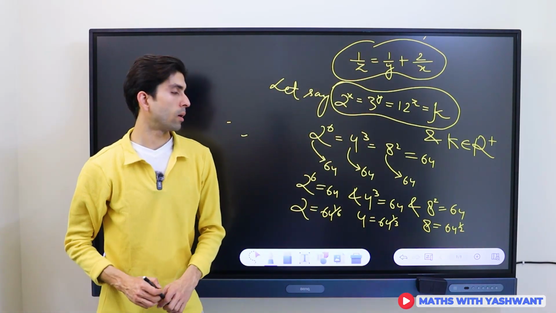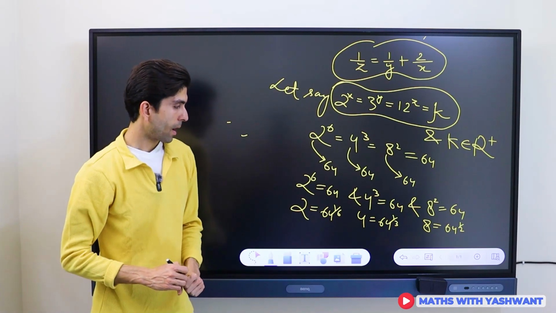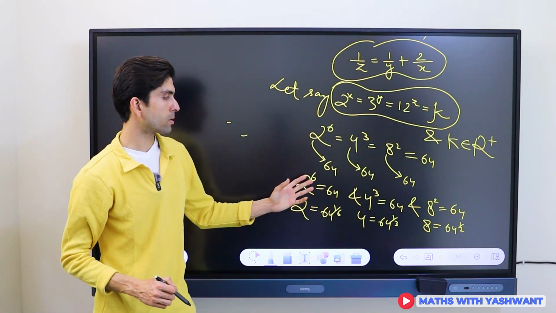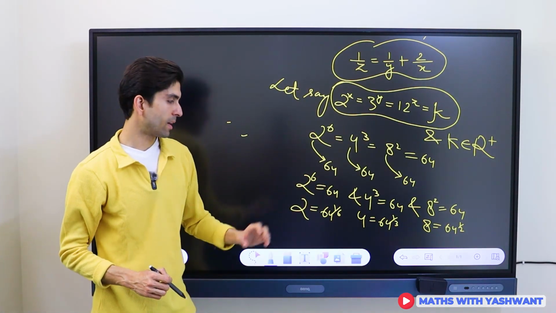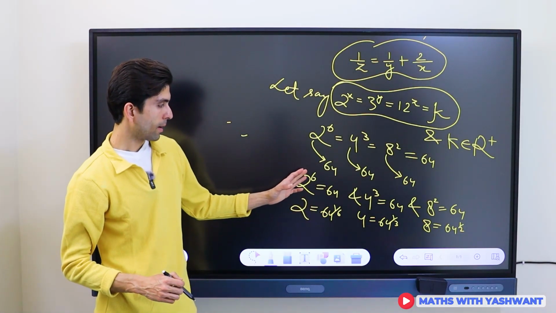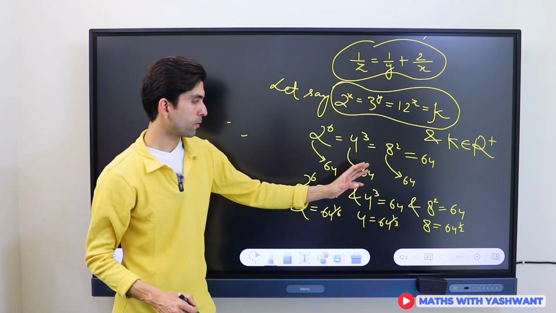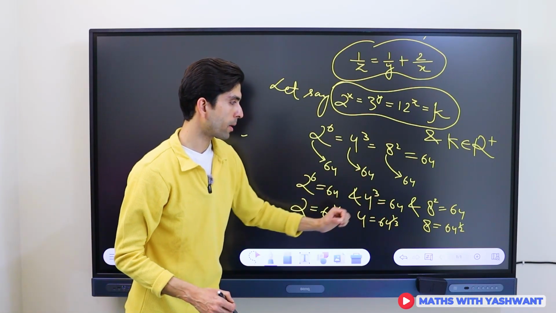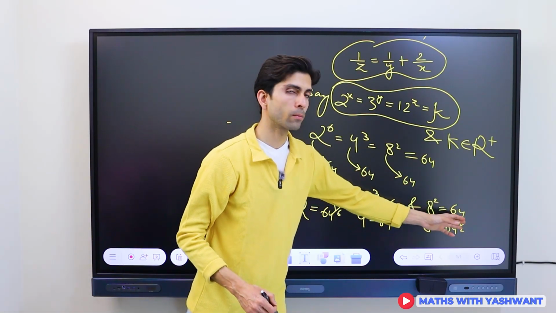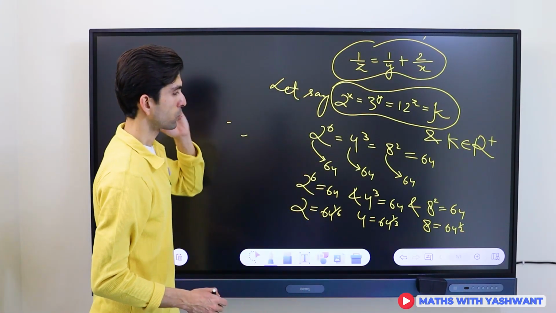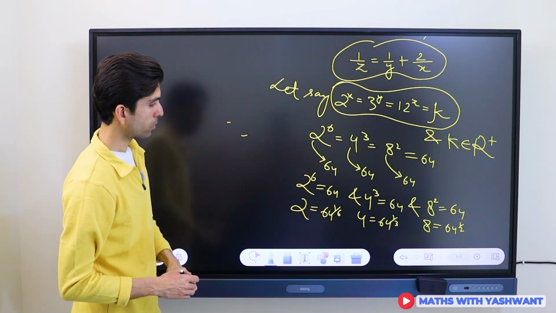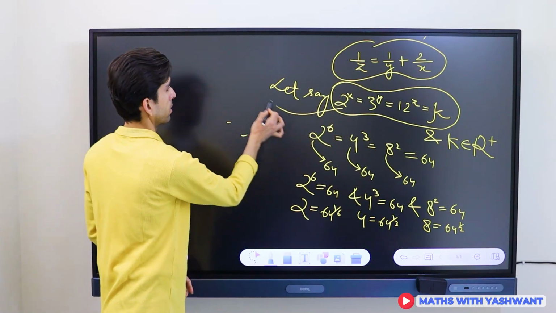You might be aware that whenever we shift the power from the left hand side to the right hand side, we reciprocate the power. If we shift 6 from left to right, it becomes 1 by 6. If we shift 3, it becomes 1 by 3, and 2 becomes half.